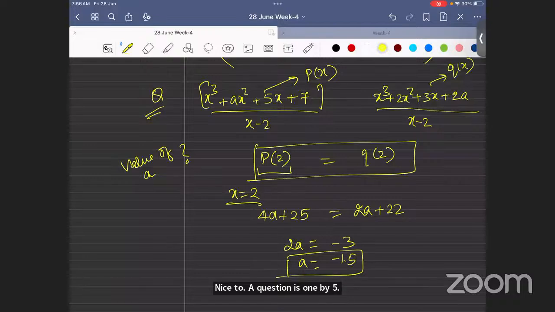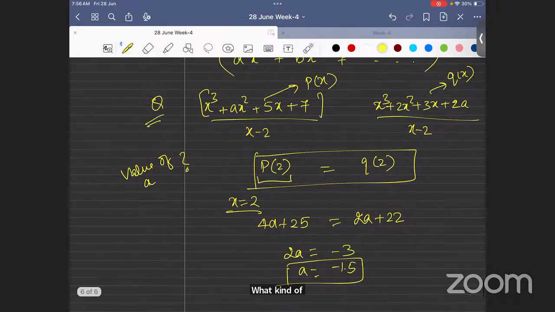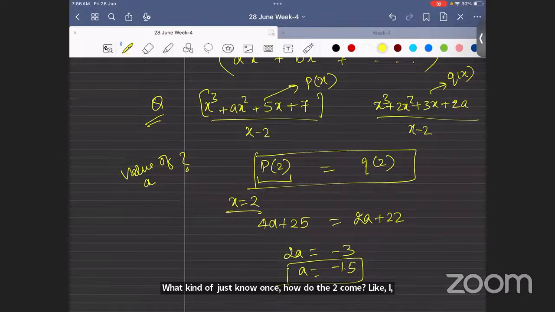Can I just know once more, why are we using 2 here?